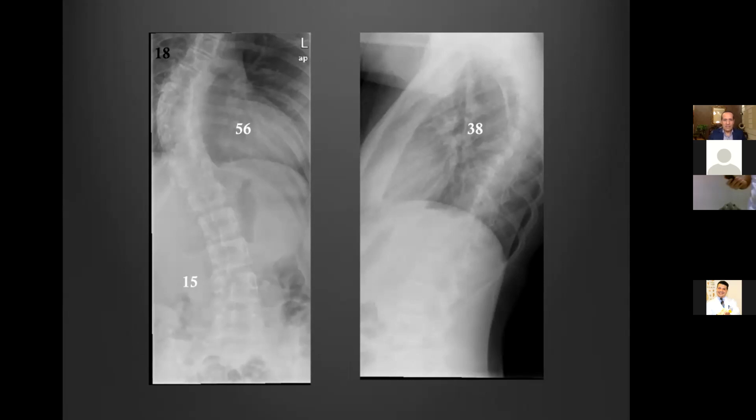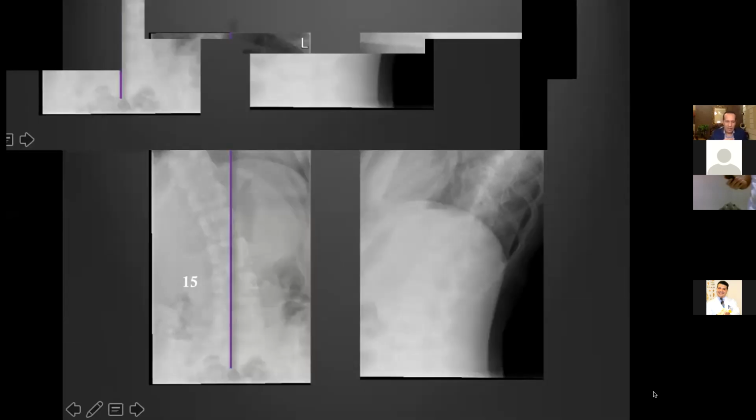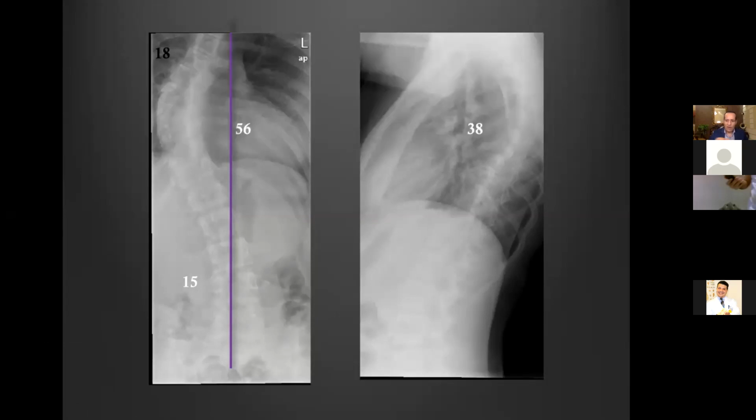In this case, as we see, the main thoracic is 56 degrees, which is the major one. The lumbar is 15, and the proximal thoracic above is about 18 degrees.